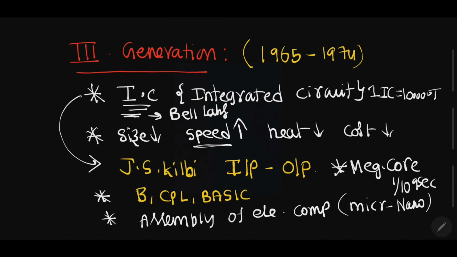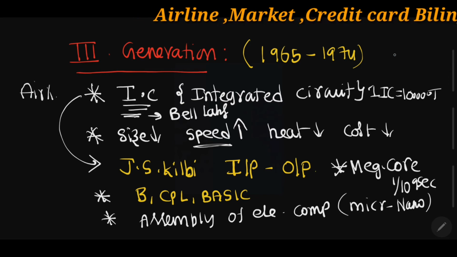Okay, the applications of third generation computers are airline reservation systems, market processing, and it can also be used in credit card billing.